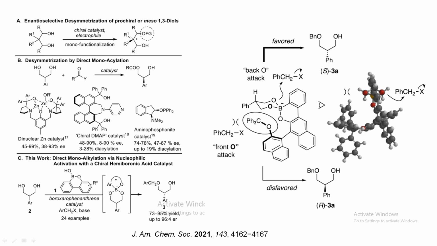So let's say you have this kind of molecule. You can just pass a sigma plane containing these three carbons, and it would be the sigma plane. So that's why it would be an achiral molecule.